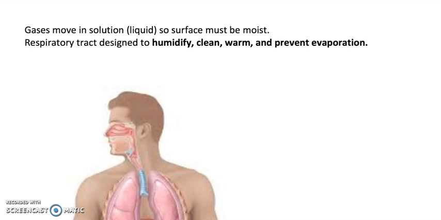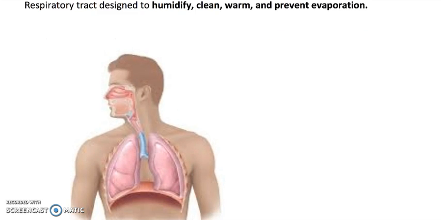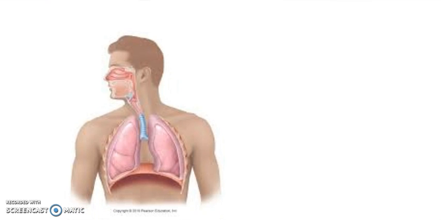Okay, so now for the rest of the respiratory tract anatomy. We have two places where air can enter from the environment. The first area, we can call this 1A. This is the nasal cavity. So this is where air can enter.